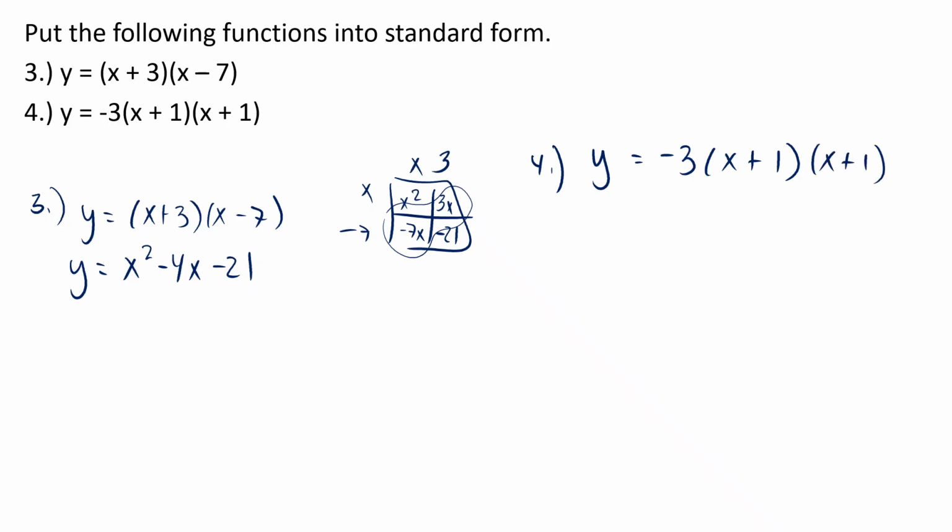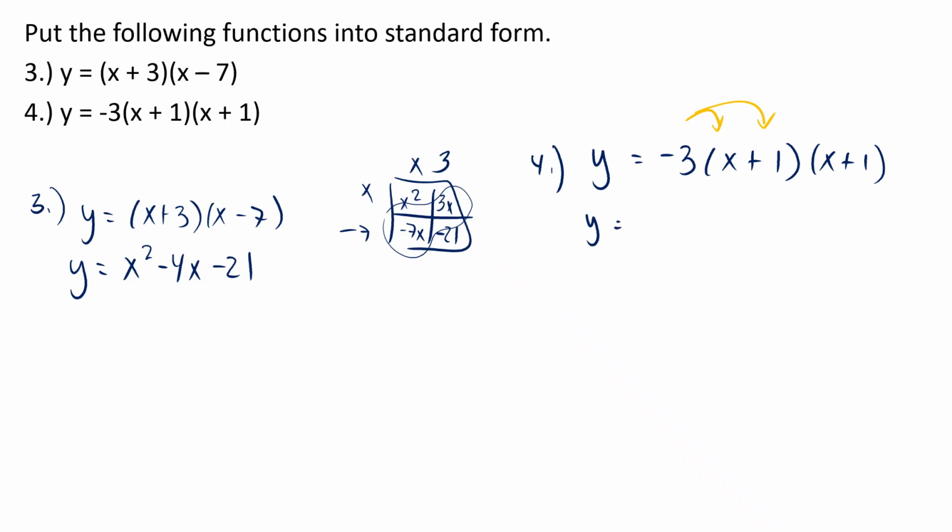So with this one, you can multiply the -3 through the first set of parentheses, or the second one if you want to, but they're both the same. And then multiply that new one by the x plus 1, or you can take the 2 x plus 1s and multiply those together. I'm going to do it differently this time, just for variety.